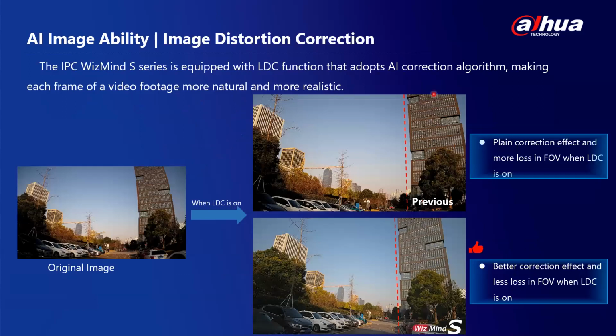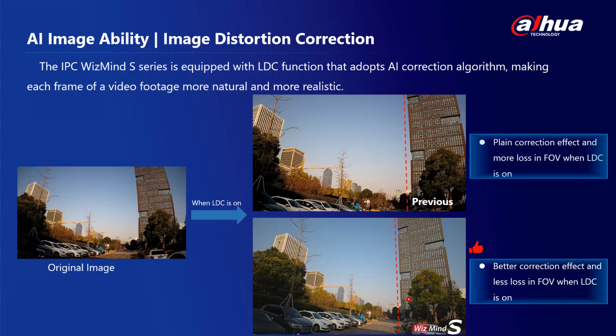So on the image quality, we have the image distortion correction. So in this case, we have 3 different images here. And these images are basically showing the different corrections for the images that have been distorted. It's simply because of what you call the LDC function.